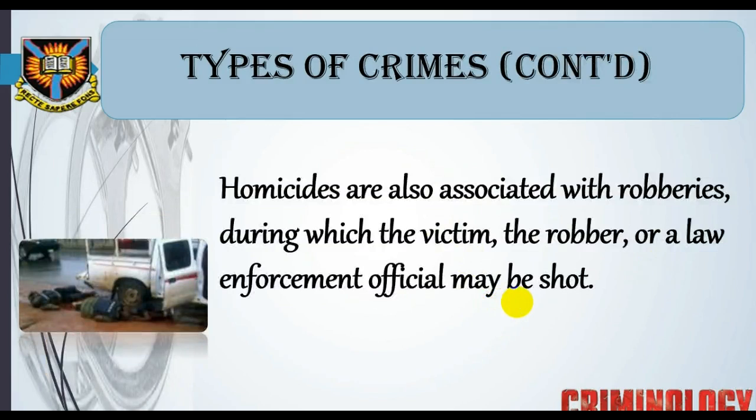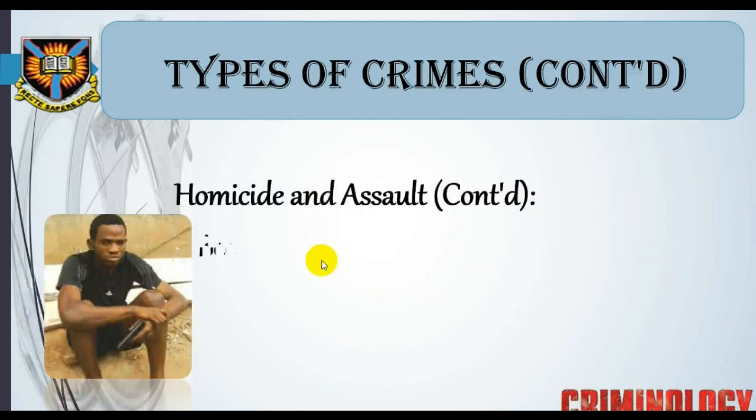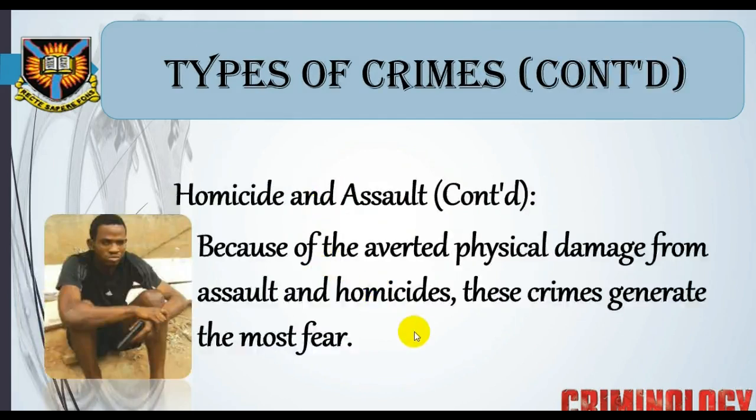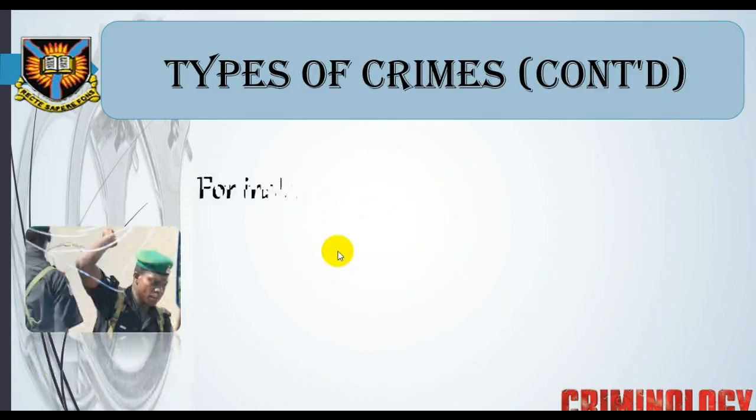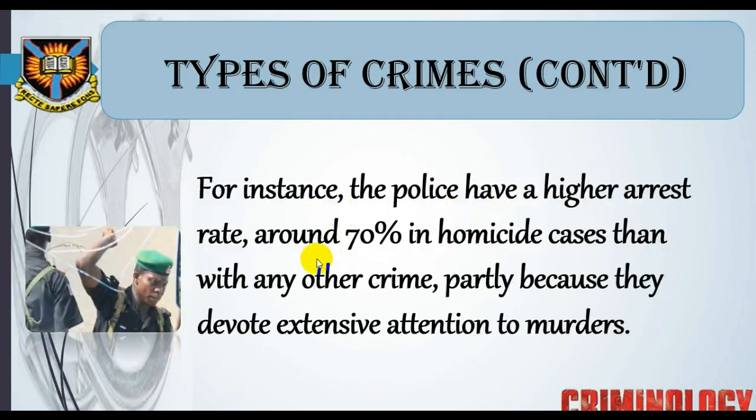Because of the physical damage from assault and homicides, these crimes generate the most fear. For instance, the police have a higher arrest rate, around 70% in homicide cases, than with any other crime, partly because they devote extensive attention to murders.